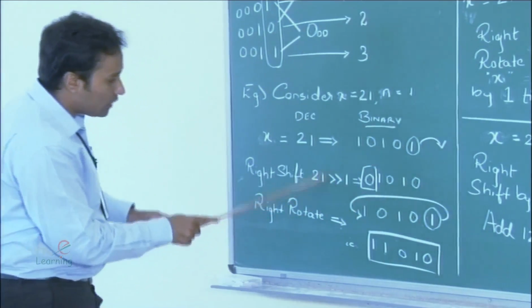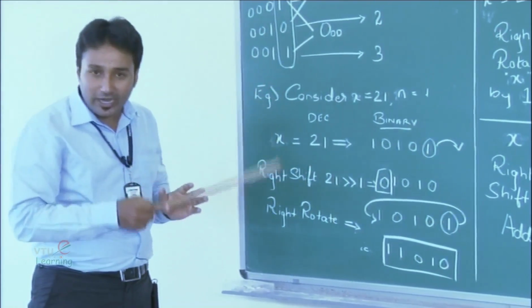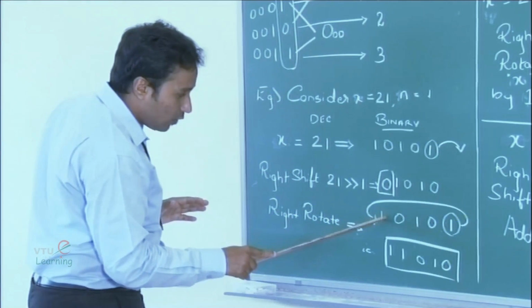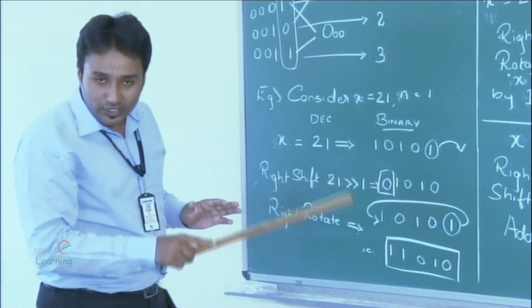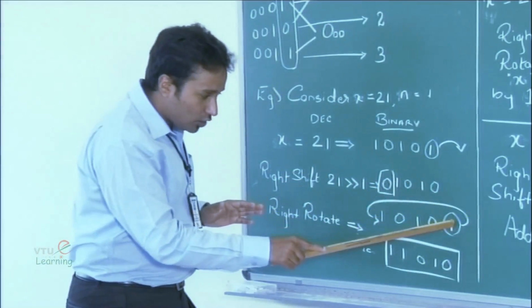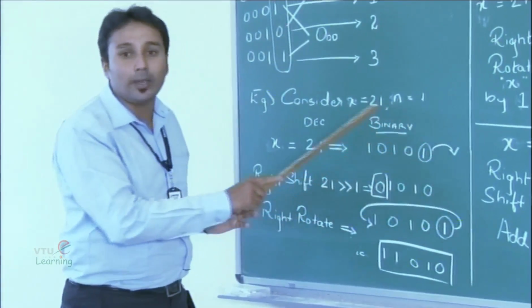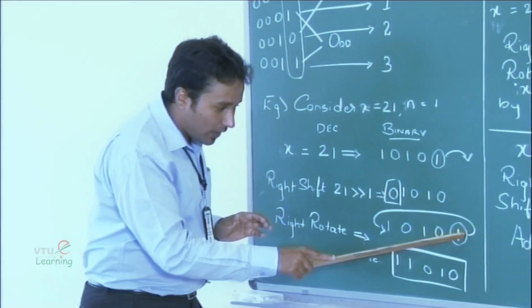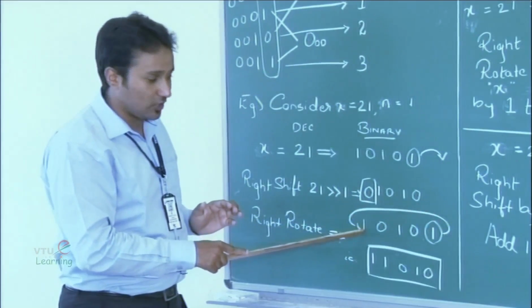This is about shifting. Now, if we want to rotate a given number, consider the original number 21, 10101. Right rotation means I want to move the LSB of the given number to the MSB of the same. That is, the last bit 1 will be moved to the MSB position.